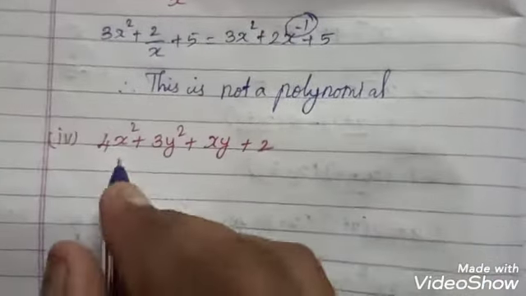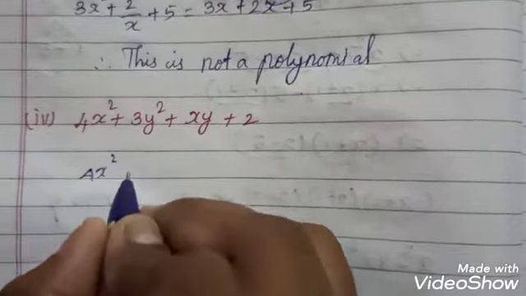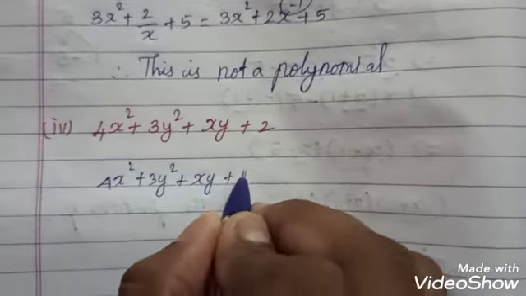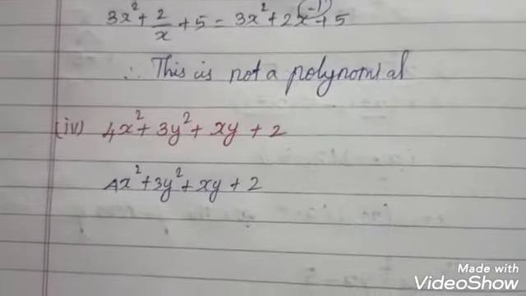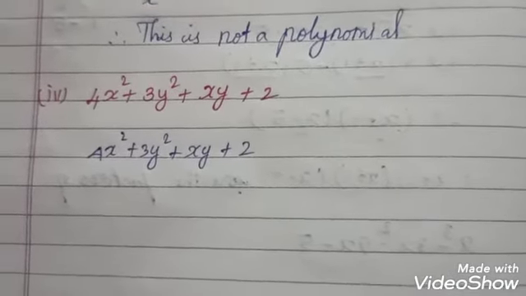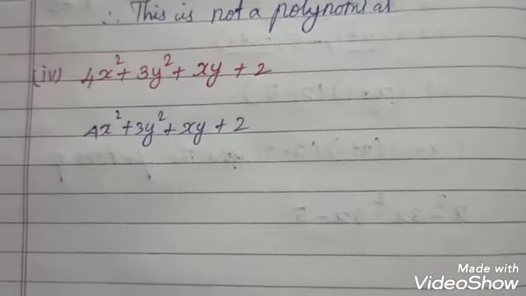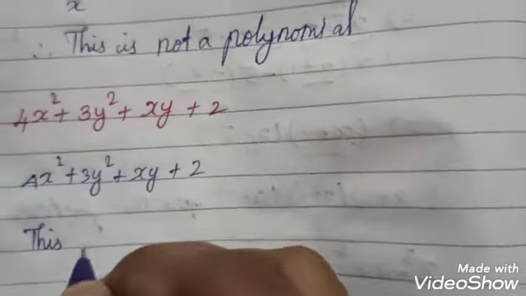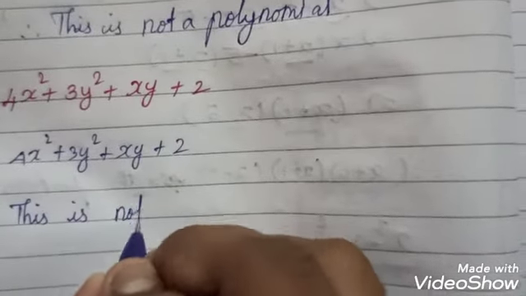Now you have to see 4x square plus 3y square xy plus 2. Here you see all the exponents are whole numbers, but this is not a polynomial with one variable. Why?